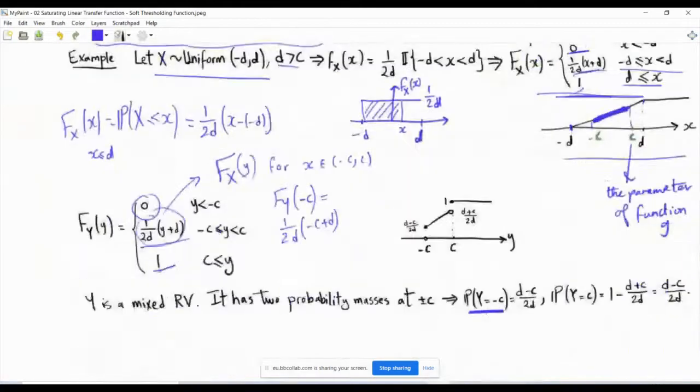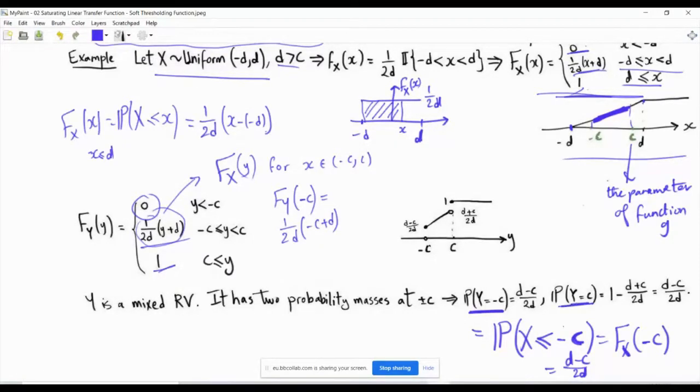This is exactly equal to the probability that x is less than or equal to minus c. So it is the CDF of x evaluated at minus c, and this will be d minus c over 2d.